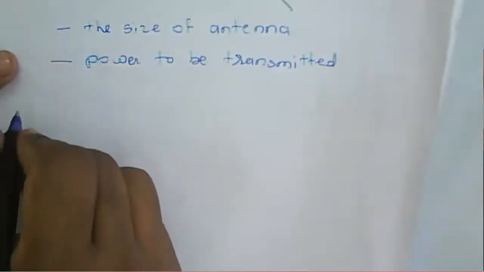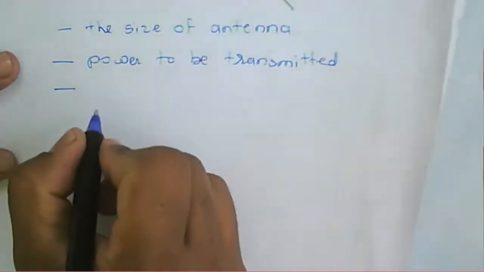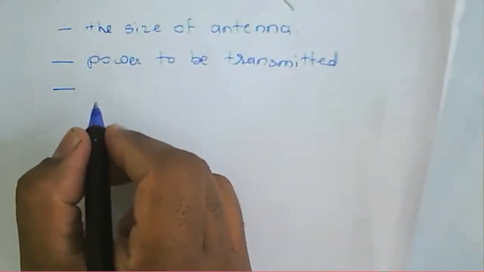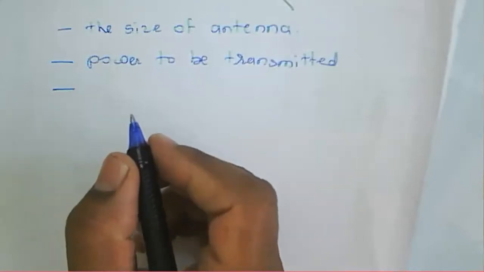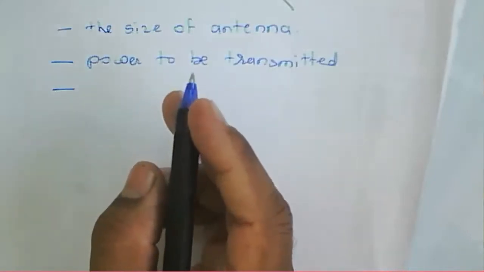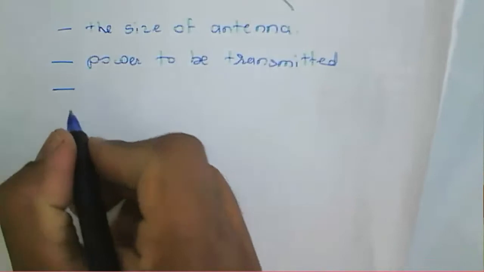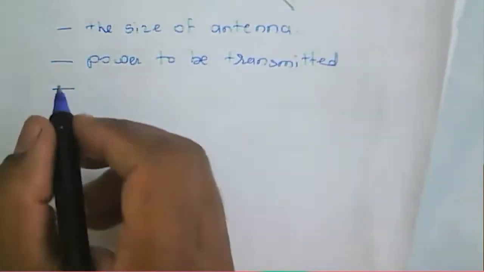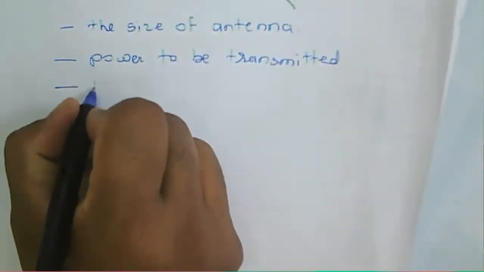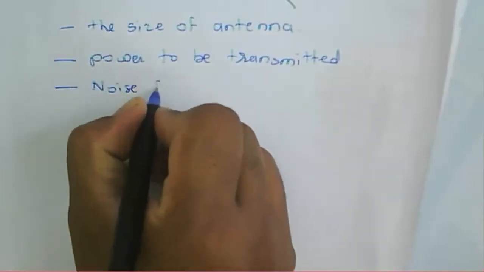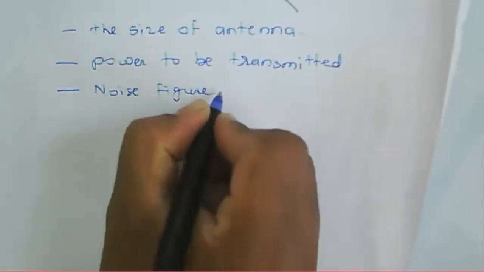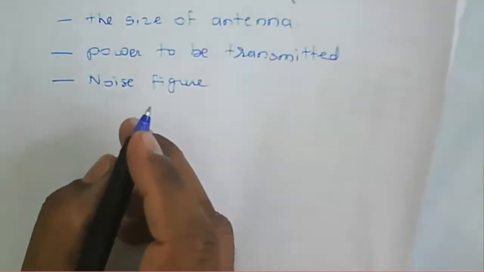And then we should know what will be the noise figure of the front end amplifier in the receiver that is to be selected. That's why we should know the noise figure for the given amplifier.